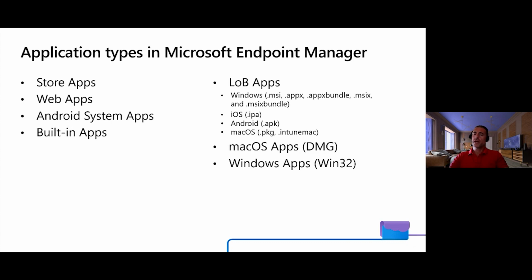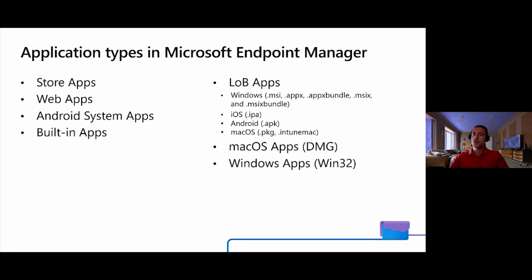Then you can deploy line of business apps, which are the ones that you add from an app installation file. And this kind of app is typically in-house written apps. And they can be in the form of MSI, APPX, depending on the platforms. So for iOS it can be IPA, APK, and so on and so forth.